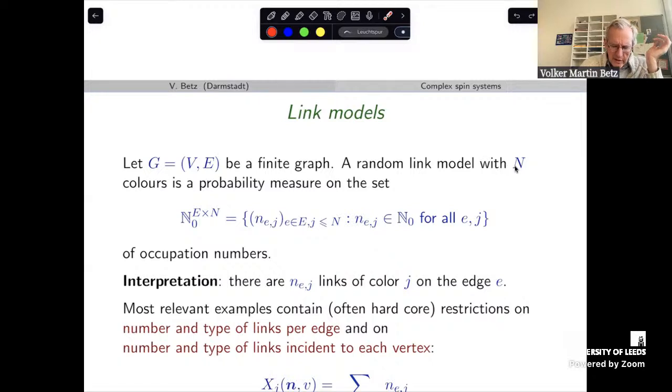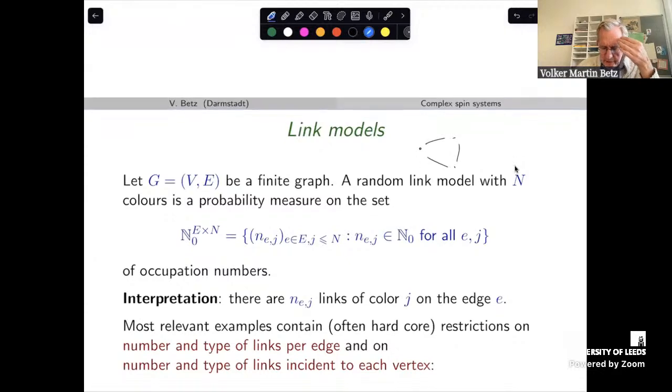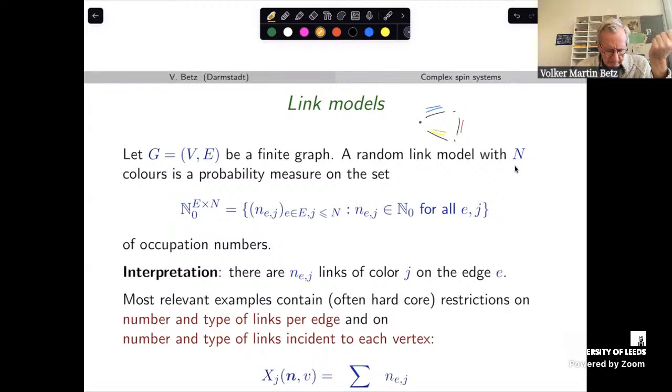So the picture to have in mind is a simple graph, and you can put links on the edges: maybe two blue links here, a red link here, and maybe a yellow and an orange link here. So you have different links of different colors placed on the edges.